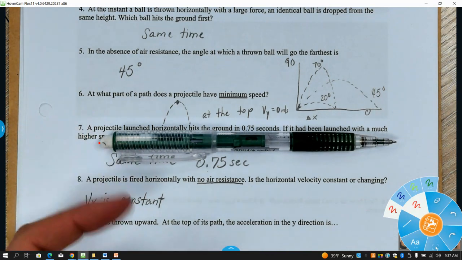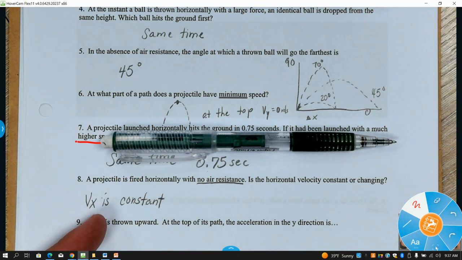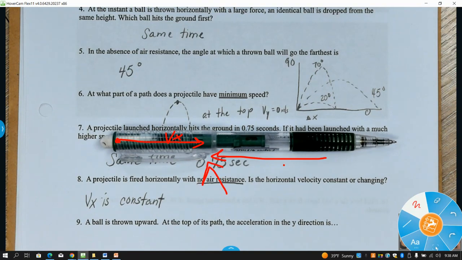as soon as it leaves my fingertip, I no longer have a driving force behind it to cause it to accelerate. So it's going to move at whatever velocity we gave it. And if there's no air resistance going in this direction or upward, nothing's going to slow it down in the x direction.